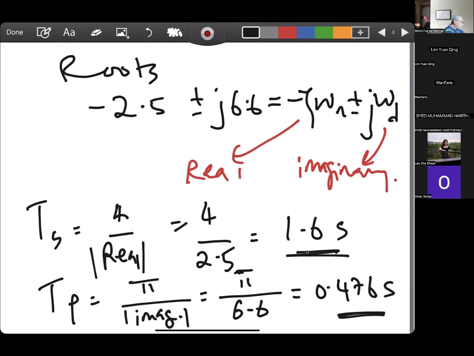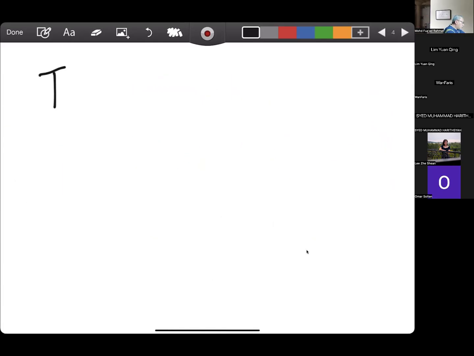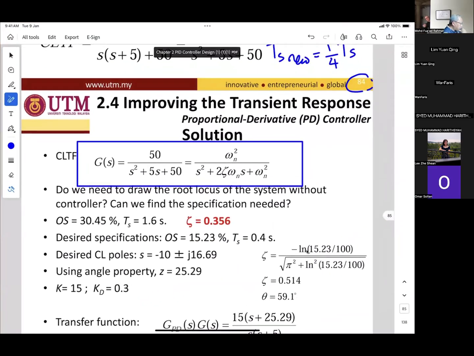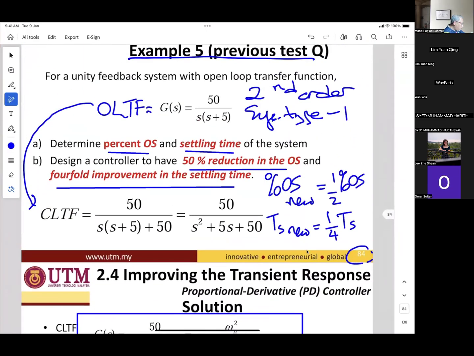So our concern is the settling time is 1/4 TS. Fourfold improvement in the settling time.